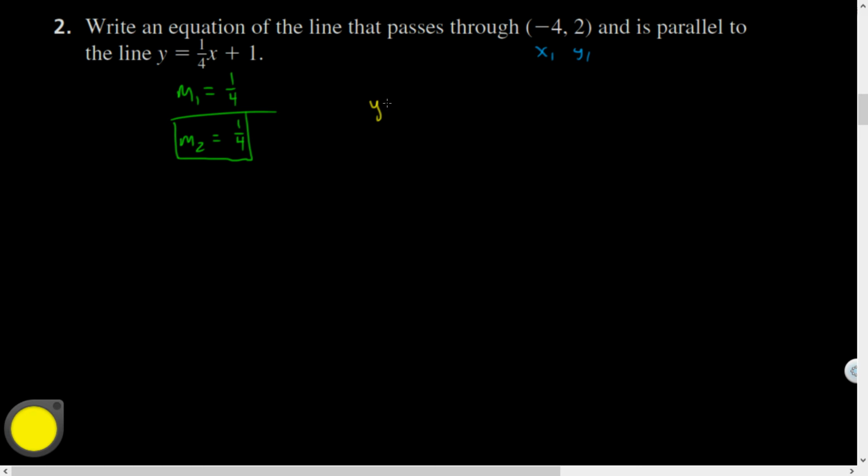Here we go. y minus 2, because 2 is y1, equals m, which is 1/4, parentheses x minus x1. x minus a negative 4 is plus 4. Careful of those opposites, friends. And let's distribute this.